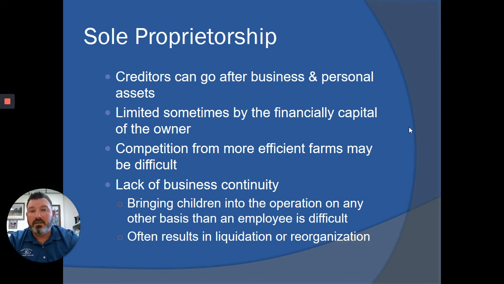Bringing an heir into the business is difficult. There has to be a lot of planning that goes into that, because moving the business from one generation to the next isn't very seamless all the time. So sometimes it requires liquidation of the farm business, which is sad, or major reorganization. And those are all very difficult things that require a lot of legal and tax planning.